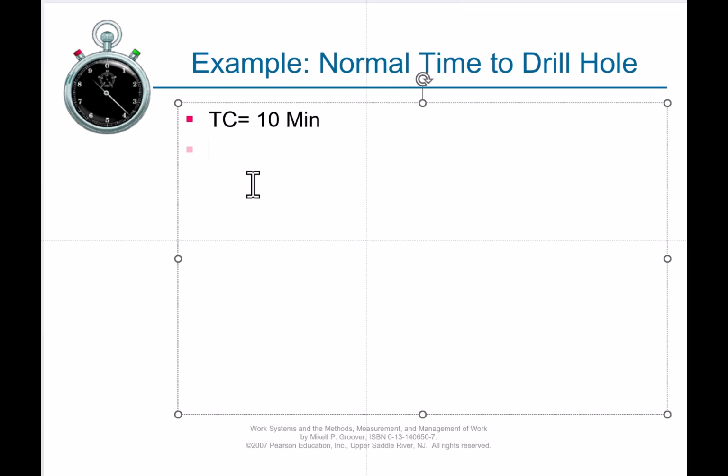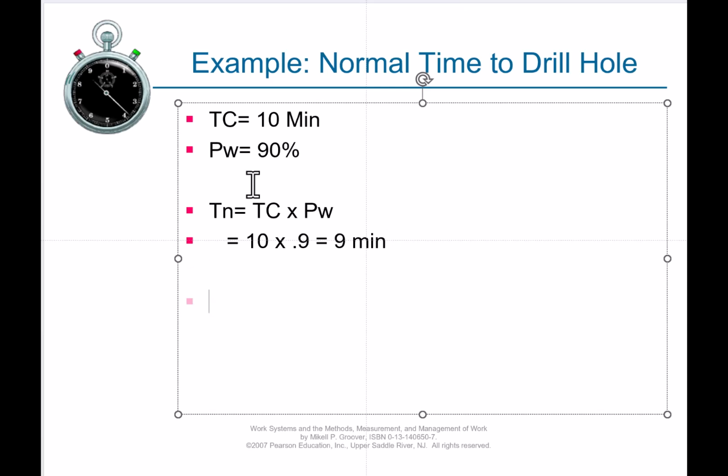And then we have the performance of the operator, which is 90%. So now we use the formula. Our normal time is equal to the observed time, TC, times the performance of the worker. So it's going to be 10 times 0.9, which is equal to 9 minutes.